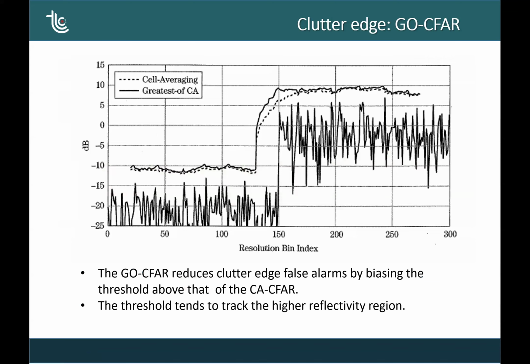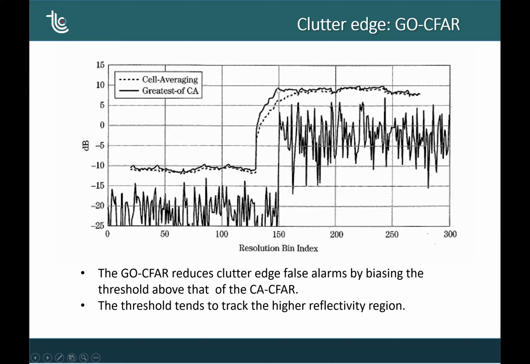Now let's look at the plot that is quite similar to the previous one. And you see the clutter edge here, so the changes in power between the low part and the high part. And you see that the dotted line is the cell averaging. The solid line is the greatest of.